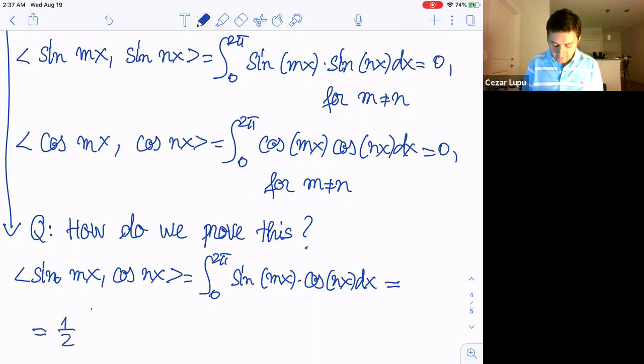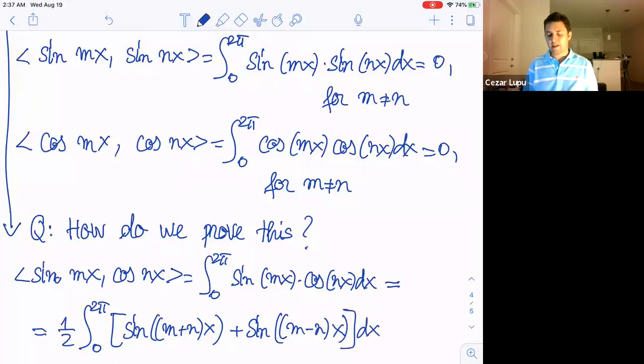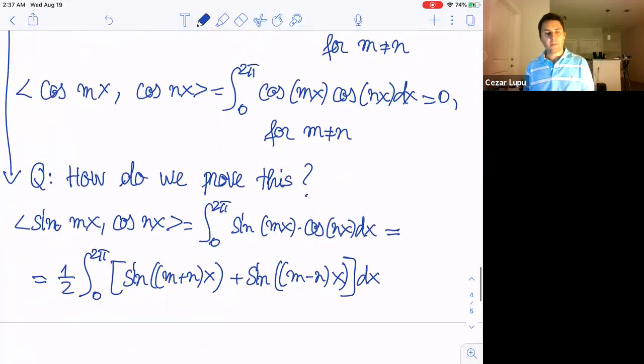This is 1/2 the integral from 0 to 2 pi of sine of (m plus n)x plus sine of (m minus n)x, dx. Expressed as the sum of two integrals, this will give me 0.